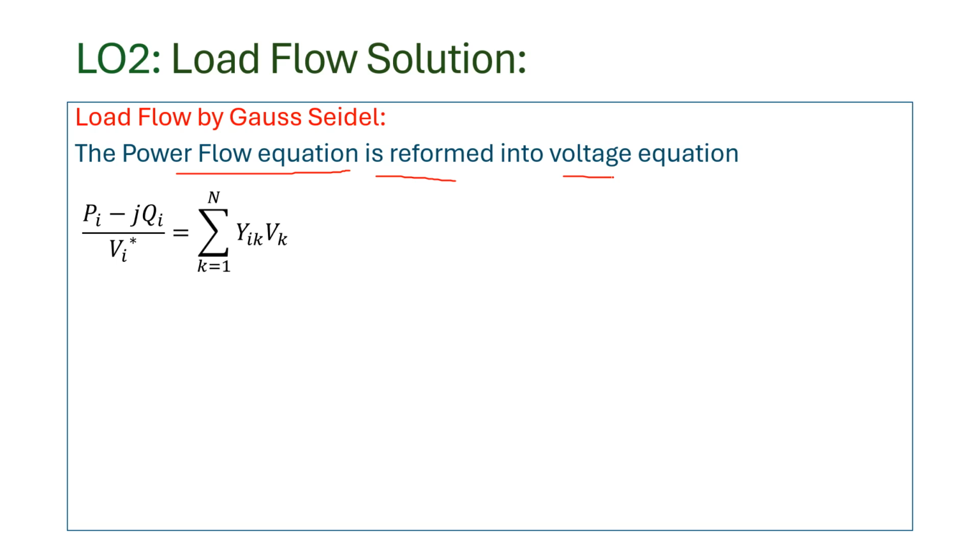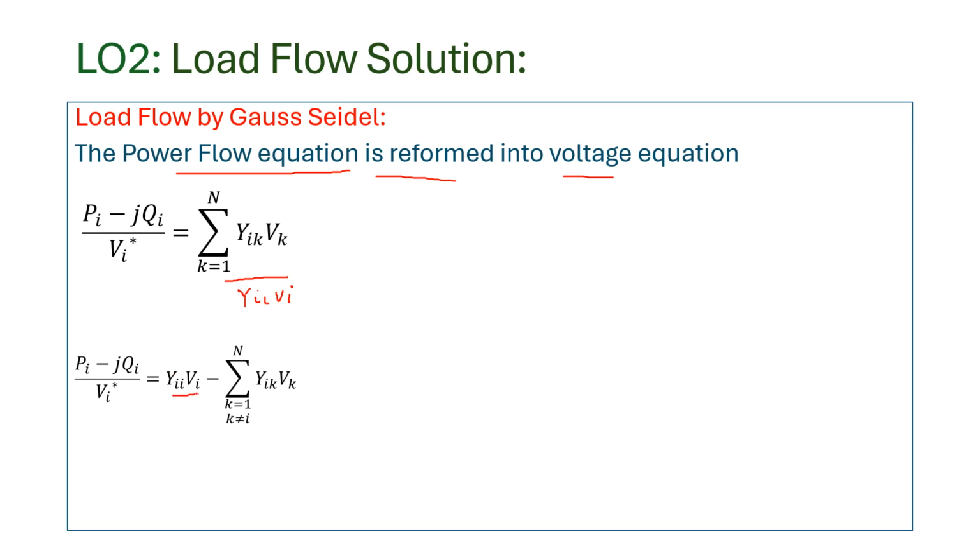So this is the power flow equation we have already developed in video 4, and in this equation, from this summation, one term, that is the Y_ii term, V_i term, is taken outside.